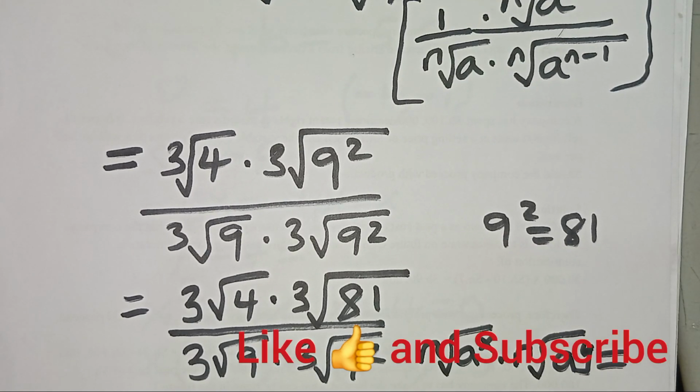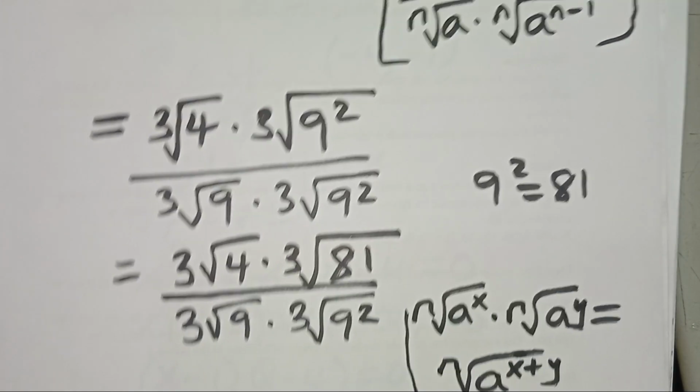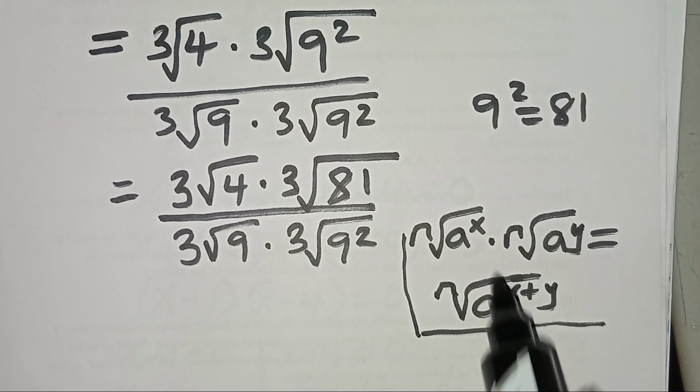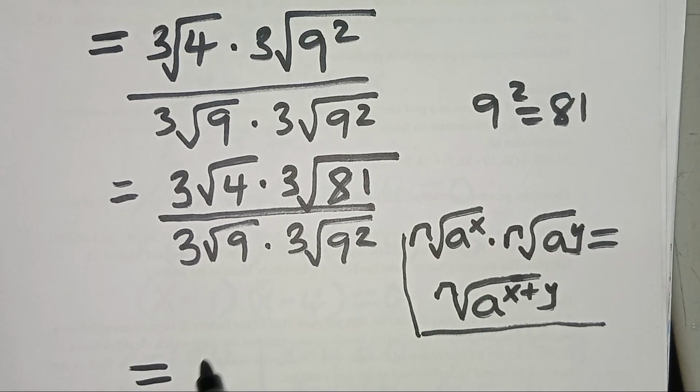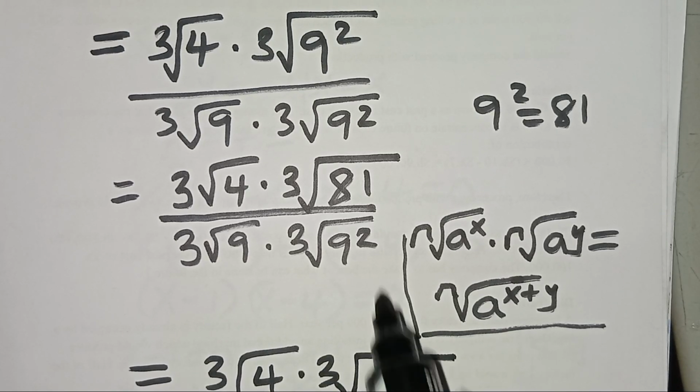Applying this property, in the numerator we'll have the cube root of 4 multiplied by the cube root of 81.